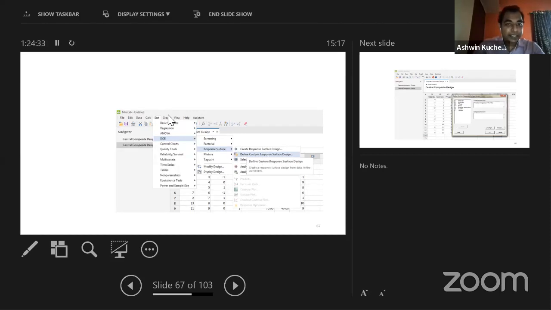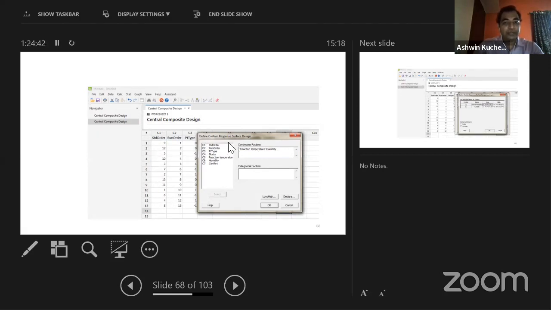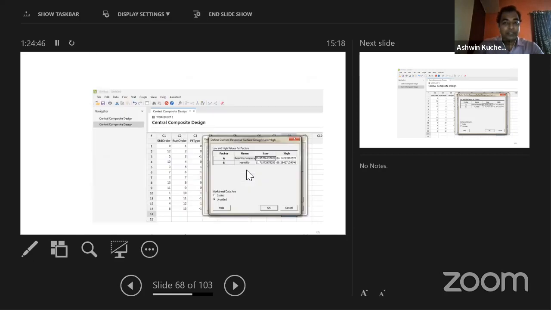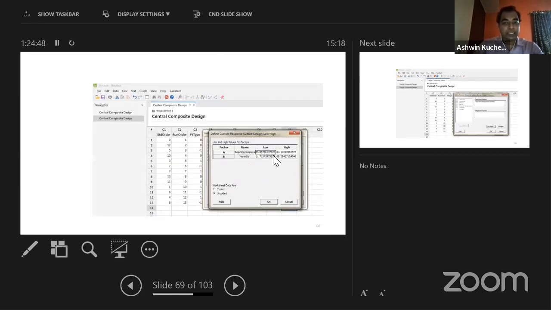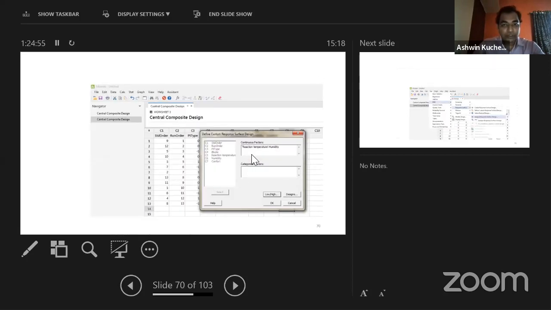It is Stat, DOE, Response Surface, and Define Custom Response Surface Design. When I go into this, I have to select the continuous factors against which I have to determine my response. So continuous factors were selected based on the central composite design, axial points, the factors were given values, and the response was selected.